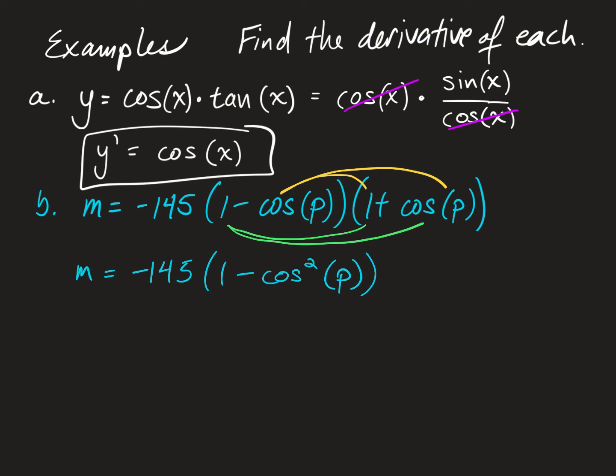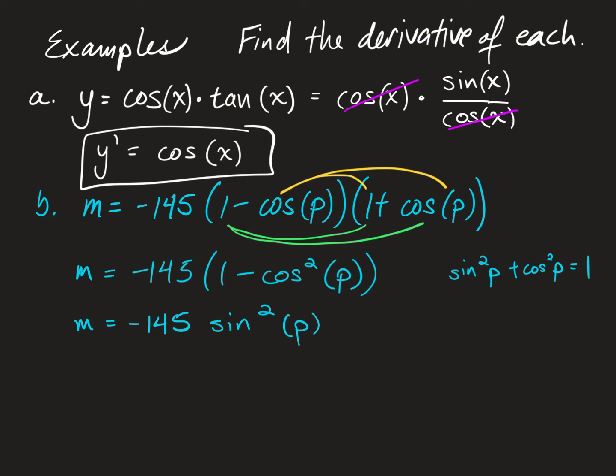And then through remembering your Pythagorean trigonometric identities, that sine squared p plus cosine squared p equals 1, you can subtract cosine squared p from both sides to get 1 minus cosine squared p, and all of this in here just equals sine squared p, like this here on screen.